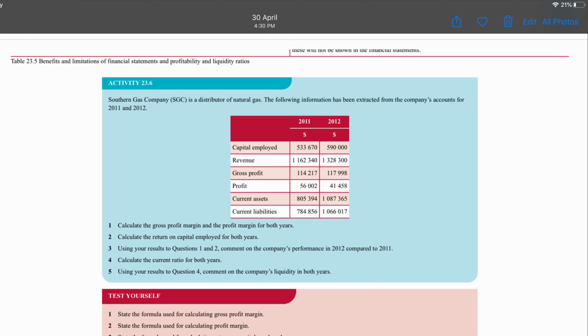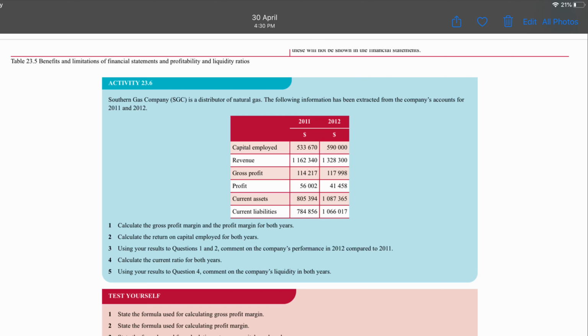Let's look at question number 2. Calculate the return on capital employed for both years. The return on capital employed formula should be profit over capital employed times 100%. So ROCE for 2011: the profit is 56002, capital employed for 2011 is 533670.